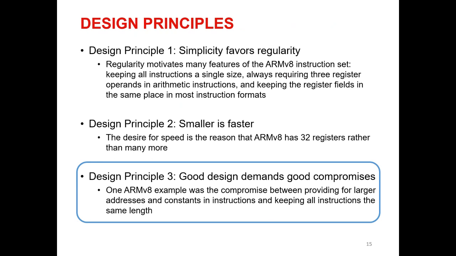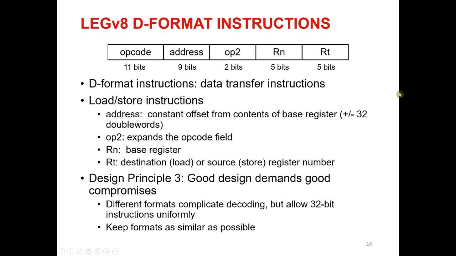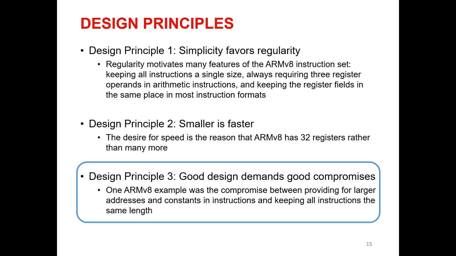So that's why in LEGv8 and also in ARMv8 we keep the instructions 32 bits. Maybe you could say we can have more bits for the address, but this is just in order to make things more regular. We are only using 9 bits, because at some point we need to decide whether we want more bits for addressing memory, or all the instructions with the same length. In this case, it was decided to have all the instructions 32 bits.